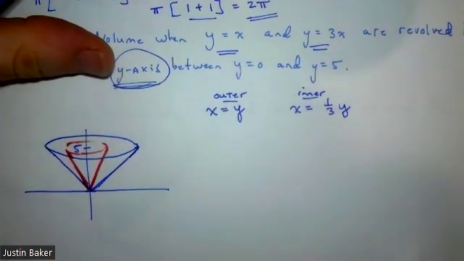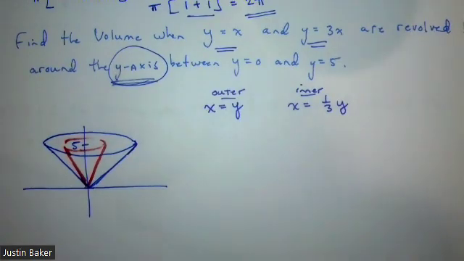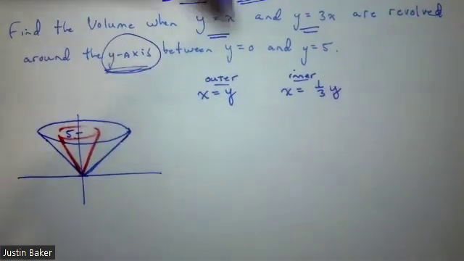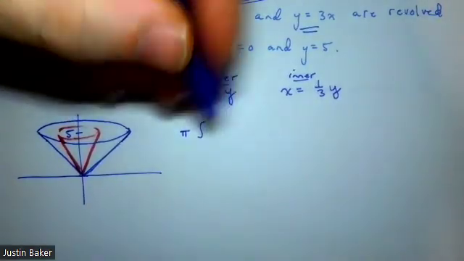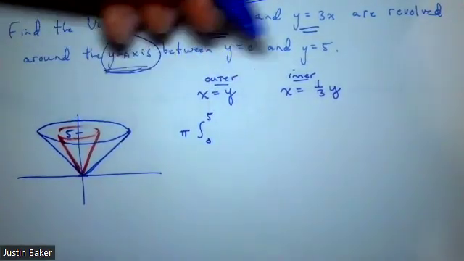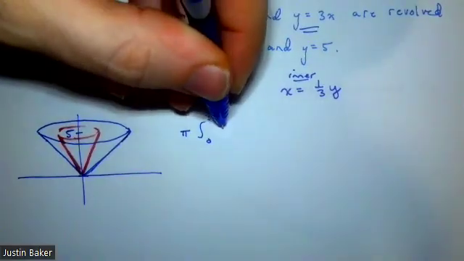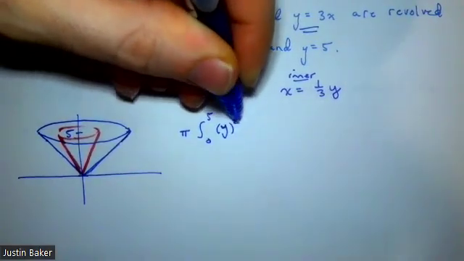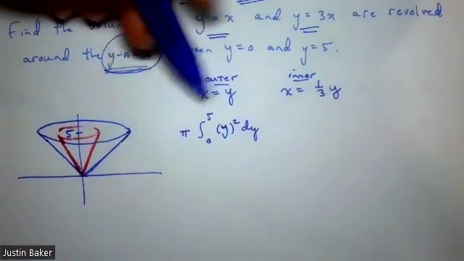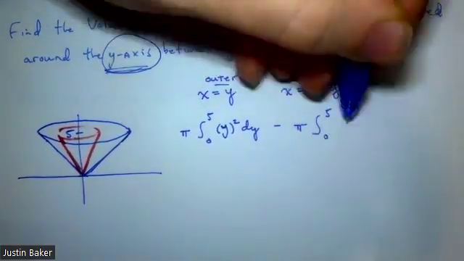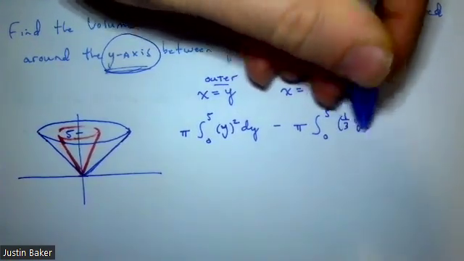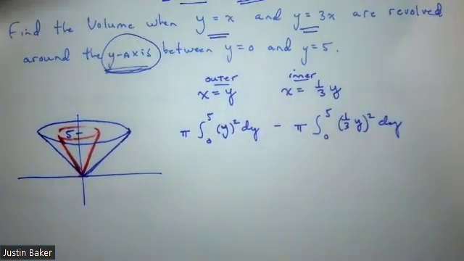Okay, so we are revolving these guys around the y-axis. So it's going to be with respect to y. So this would be pi, bounds are 0 to 5, pi r squared dy minus pi r squared dy.